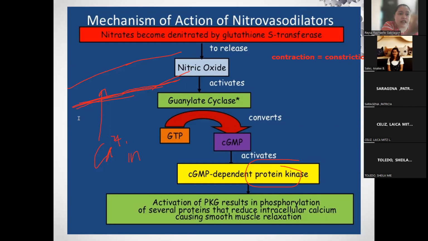Pag nag-relax yan, syempre, bubuka yan. And then, lalaki yung daanan ng blood. So that's how our organic nitrates class produce vasodilation.